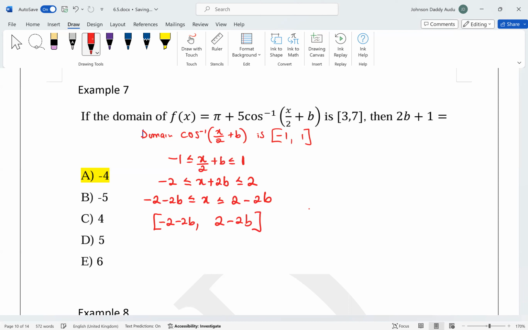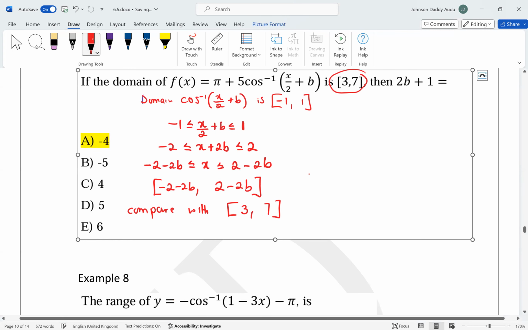But you are already given that the domain is this, so you now compare with what you are given, which is 3 and 7, closed.